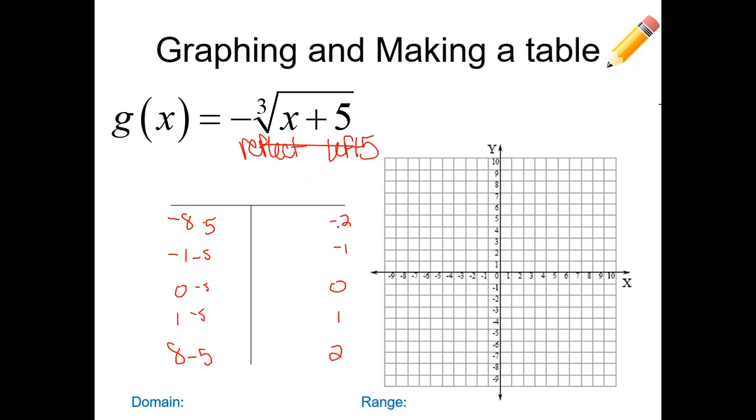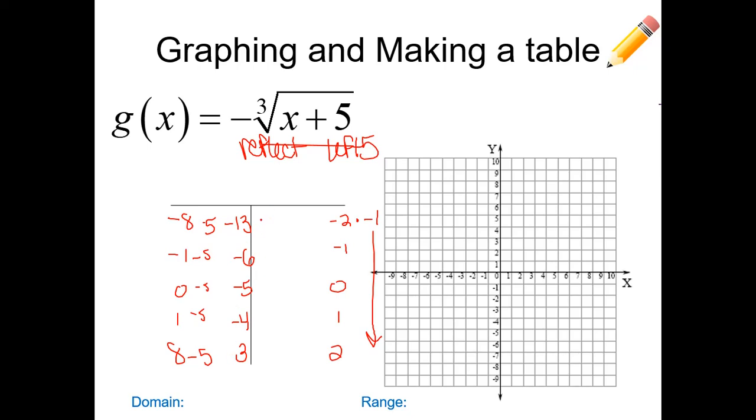Then I'm going to reflect, so that's going to multiply by -1 all the way down. So -8 minus 5, that is -13, -6, -5, -4, and 3.